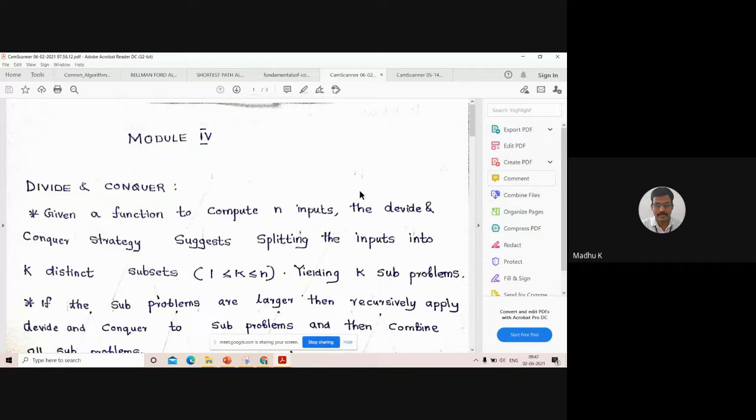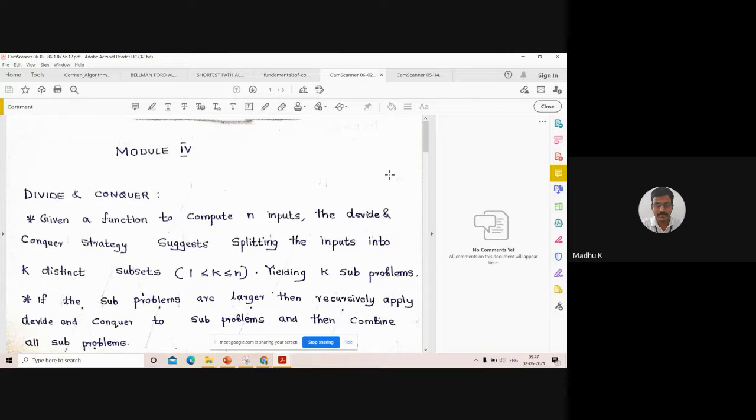Already I told we will divide the problem into smaller and smaller sub-problems, then we will solve each sub-problem, then we will combine and get the final solution. That is the approach we want to use. So we can define divide and conquer approach in this way.